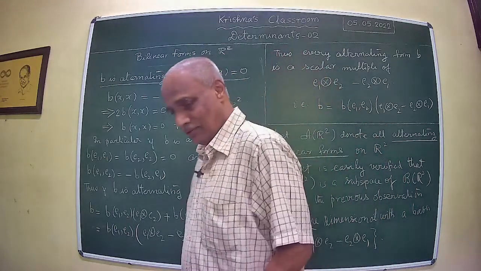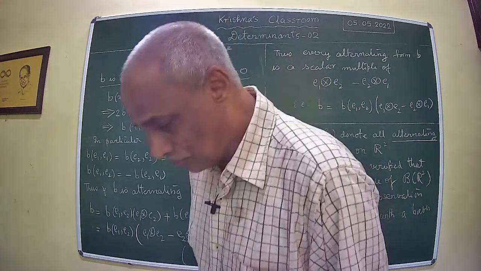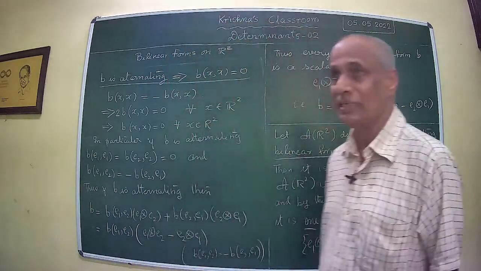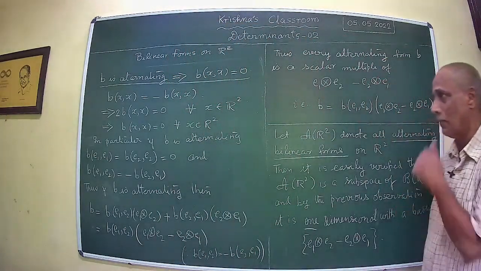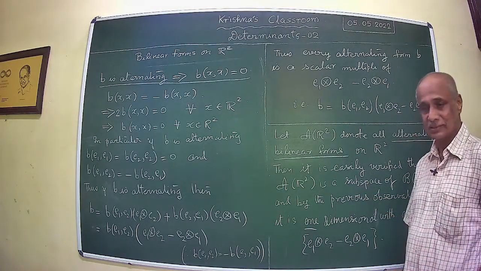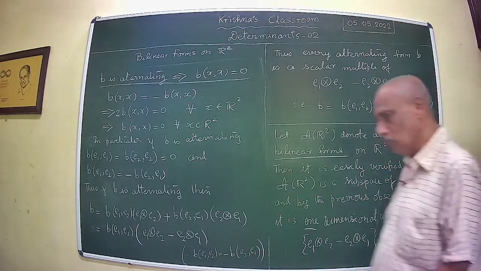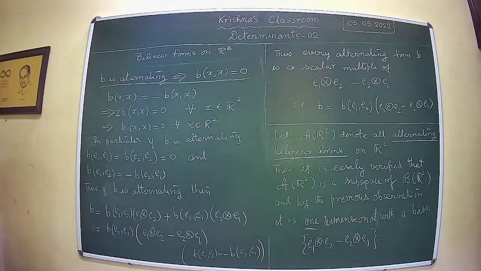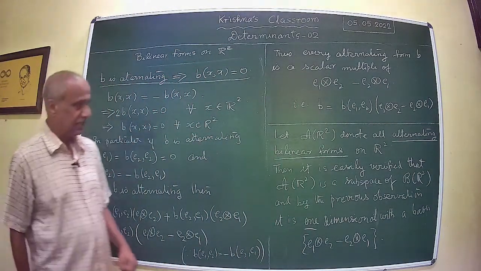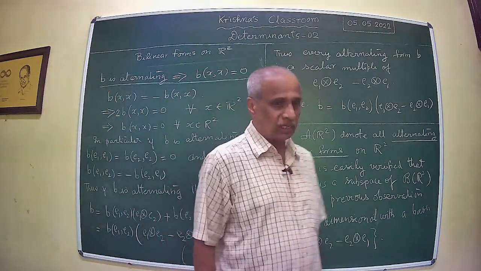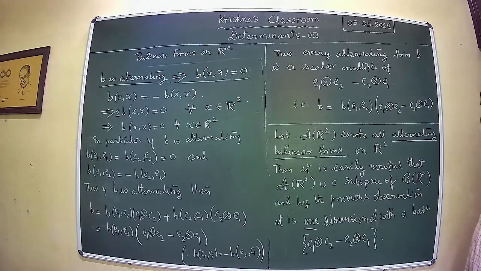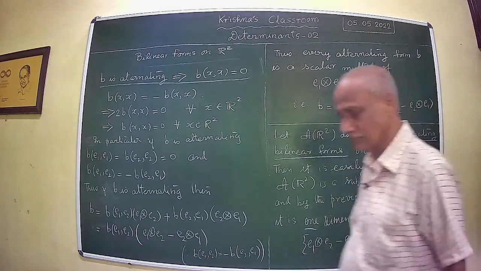Okay. Now, what more we have? So we have done the groundwork for this. Now we prove the main result, namely how the determinant, obviously determinant is an alternating bilinear form, therefore it is a scalar multiple of this.